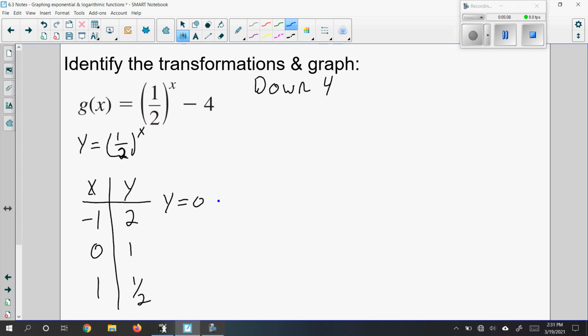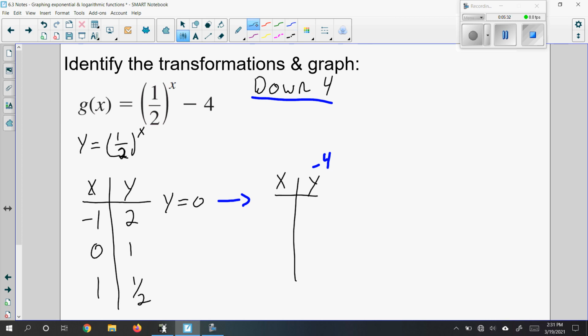Okay, so now let's make our transformation. So we have our x values and our y values. When we make a transformation of down 4, that has an impact on the y values. So what we're going to do is subtract 4 from all of the y values.